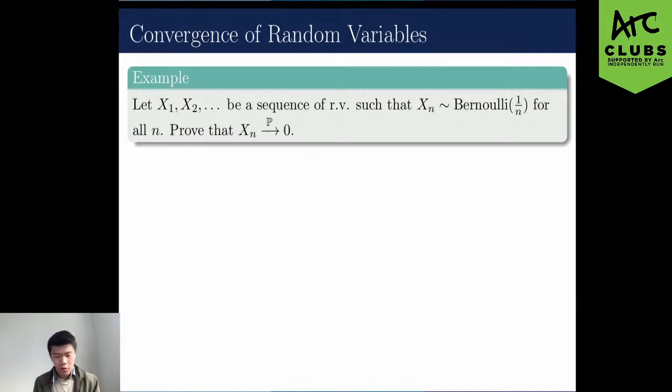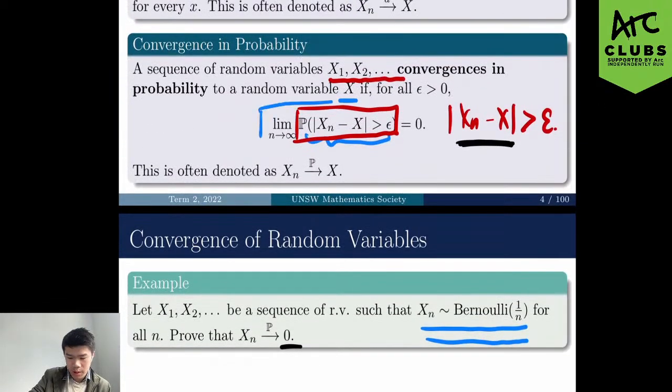As I said before, we can have a sequence of random variables, and each random variable has its own distribution. Xn in this case is Bernoulli(1/n), and we want to show that it converges in probability to 0. Before we do any thinking, we can go right into the definition. We want to show that this limit is equal to 0.